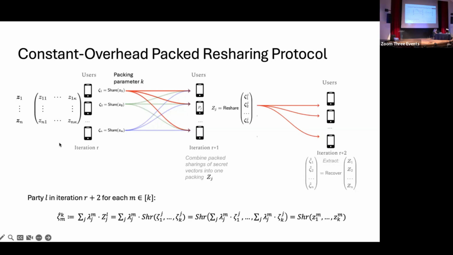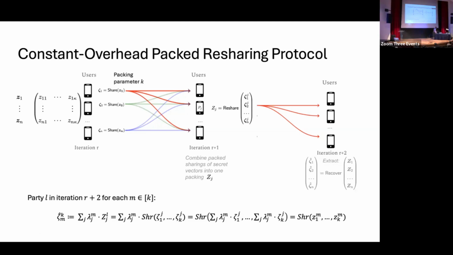So for each party L, he has these shares ZJL from each user J of iteration R plus one. Essentially what we're going to do is a Lagrange interpolation to reconstruct in the secret sharing space.